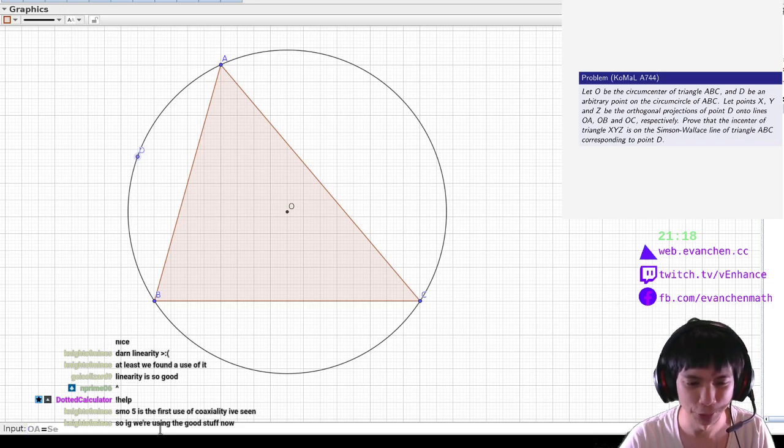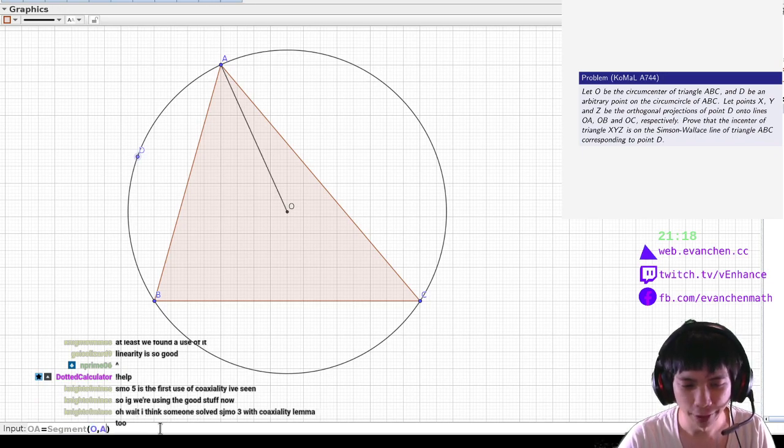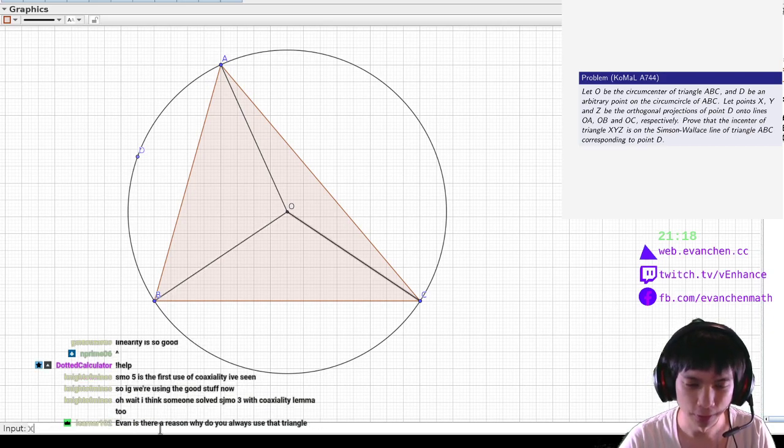Okay, that is a weird condition. So, OA, OB, OC are given, and then I'm supposed to drop 3 altitudes. So X equals intersect.